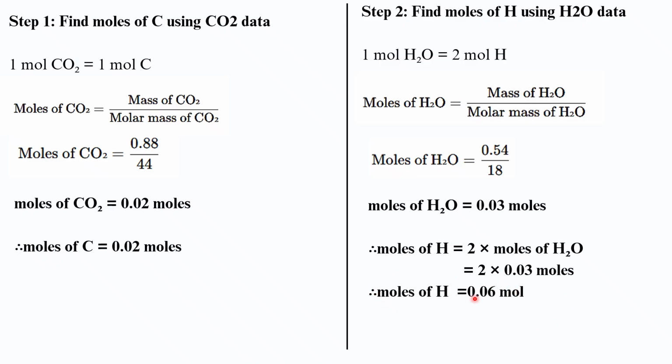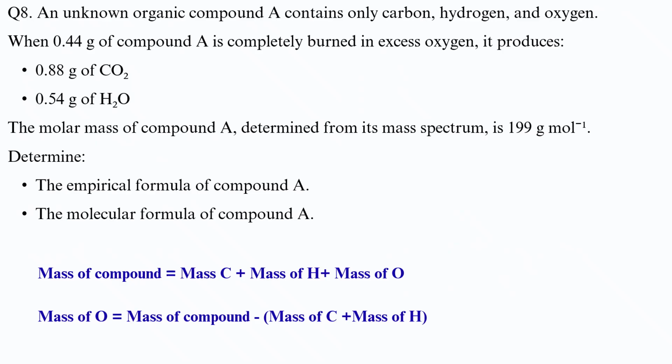Now, after we have determined that, let us subtract these two masses in order to determine the mass of oxygen. From the mass of oxygen, we can easily determine the number of moles of oxygen. The mass of the whole compound is equal to the mass of carbon plus the mass of hydrogen plus the mass of oxygen.